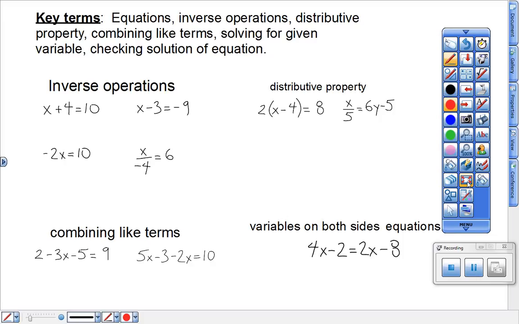First thing I'm going to do is talk about the 4 basic inverse operations. I'm going to start with that.